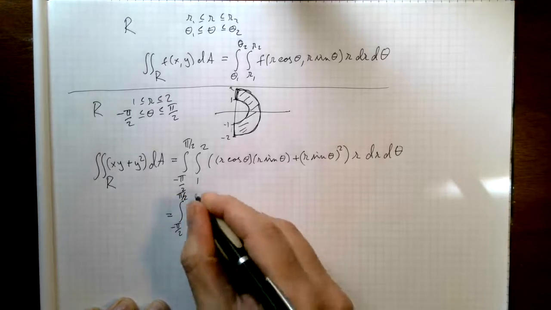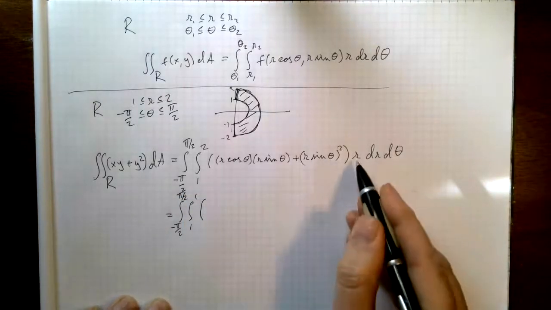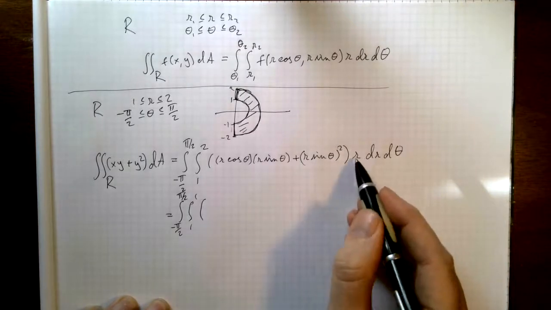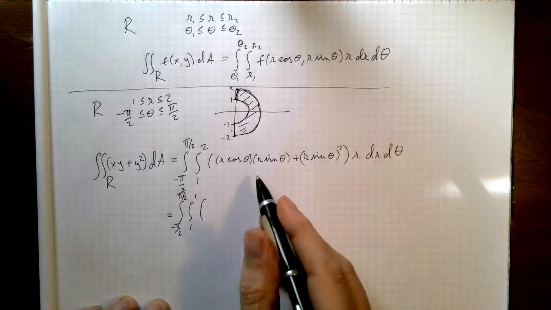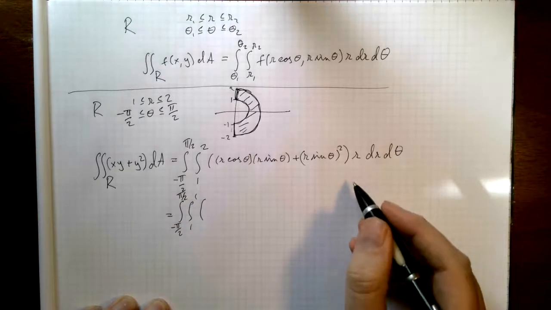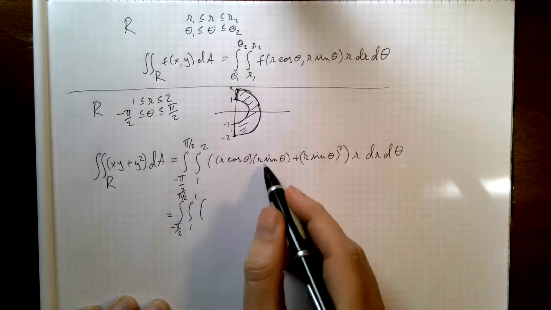double integral, and now I'm going to put the r, distribute that r inside, and put these together, right?